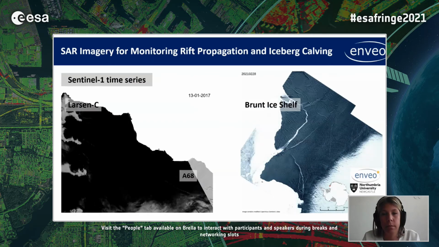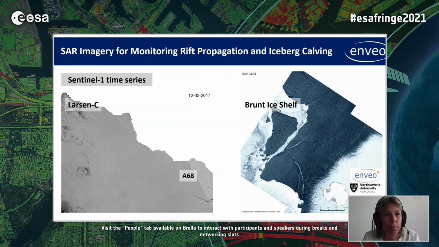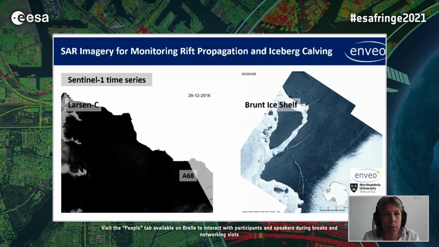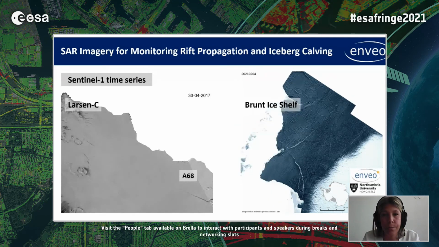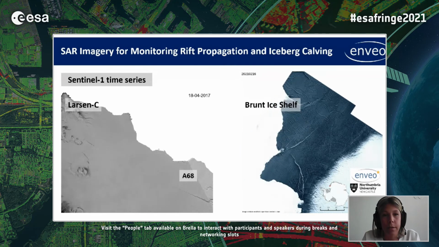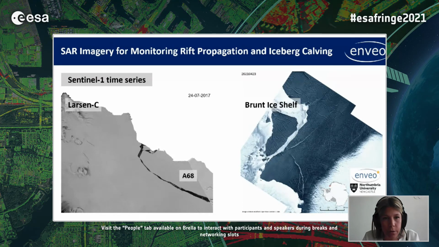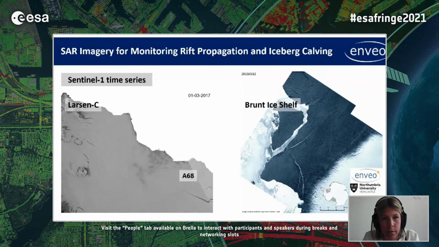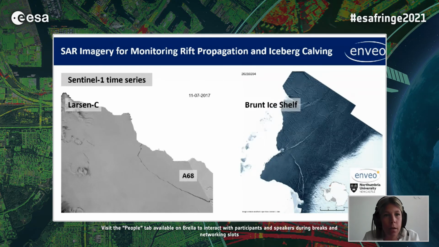What is nowadays mostly done for monitoring crack propagation is the use of SAR backscatter images. You can compute time series of backscatter images, as I show here for Larsen-C and Brunt ice shelf, and it shows that the crack propagates over time and leads to a calving event.